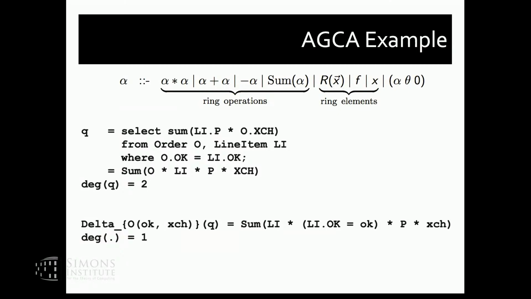I'm asking for the sum of the prices times exchange rate, so converted to one currency, of the orders joined with line items. In this case it's just one value, a zero-dimensional query, so to say. There's no group by in this case, but this also works for group bys. The degree is 2 because I've got 2 relational variables that I'm joining together. So I want to compute the delta as I now insert a single tuple.